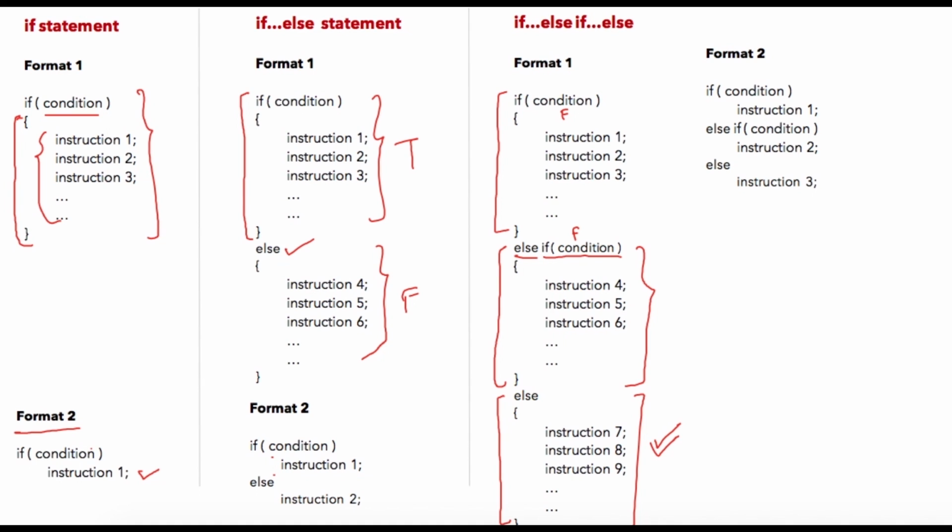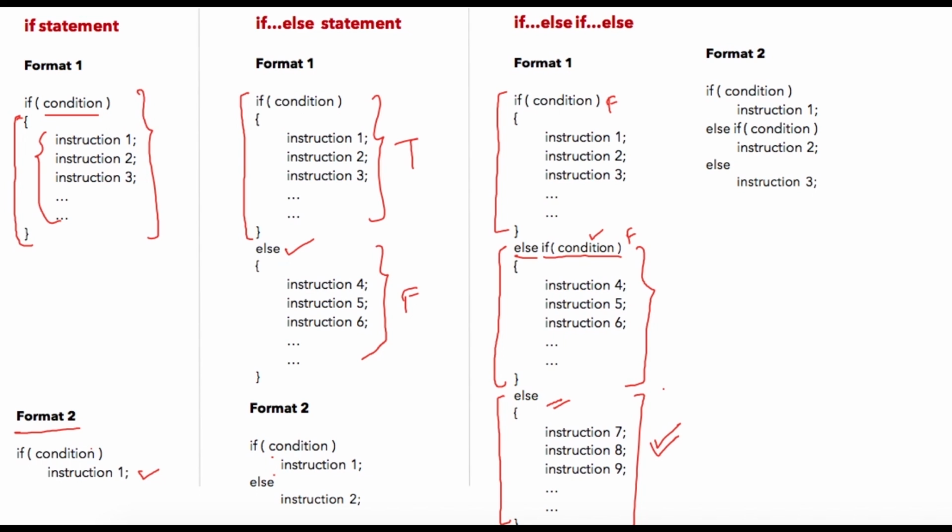So how will this program execute? Let's check. If this condition is true, this block will get executed. If it is false, it will check the next statement. If this condition is true, this block will get executed. If this condition is false, it will execute the else block.